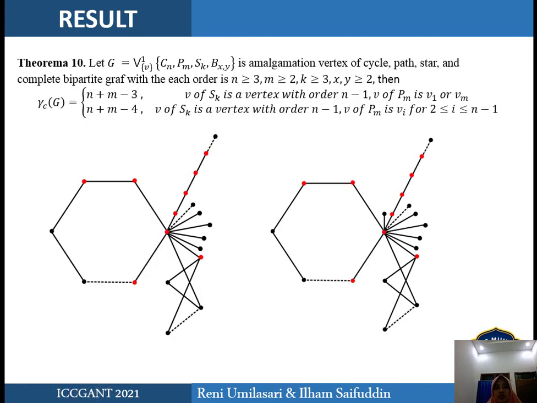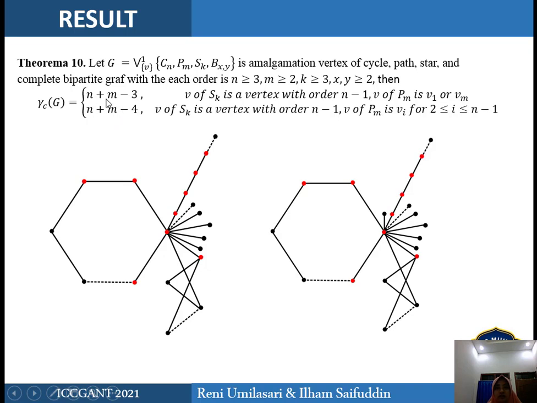Another result is different from the theorem before: for v of the star graph, we take the center of the star. So the figure is like here. The result also gives two cases.